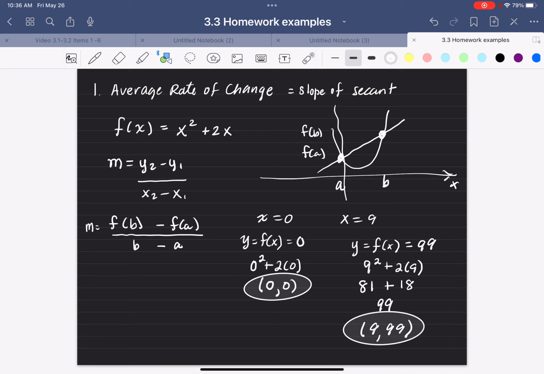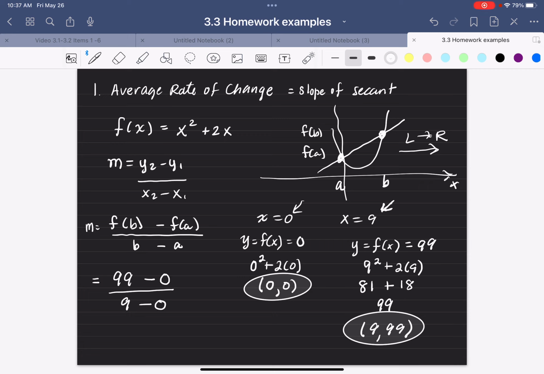So our slope is the second y. Here's our second x. Look, 9 is bigger than 0, and we're moving from left to right when we do our x1 and y1. So it's going to be 99 minus 0 over 9 minus 0.